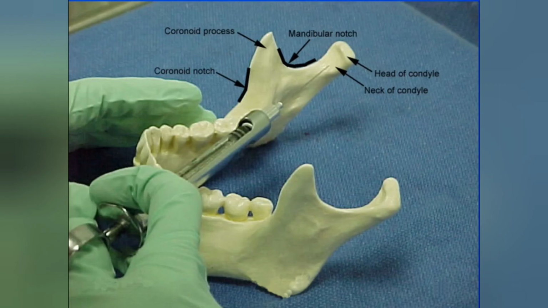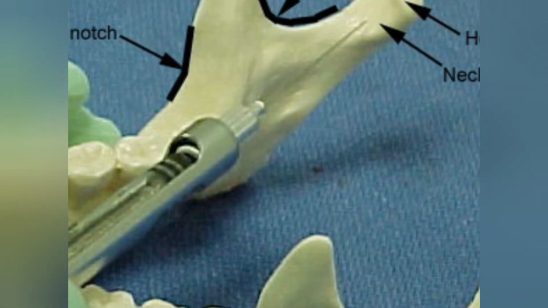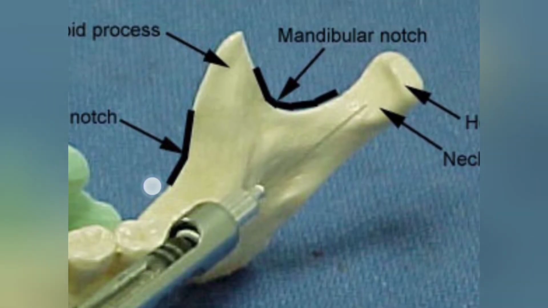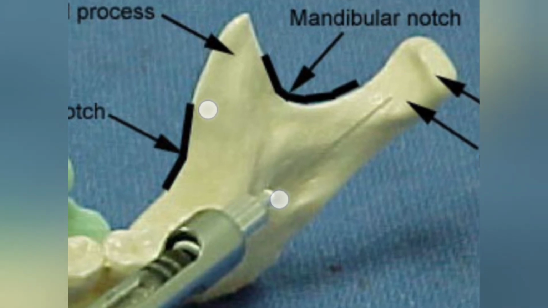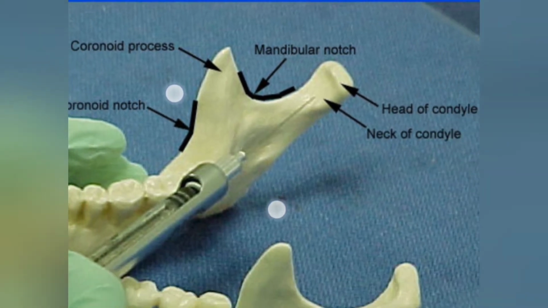Now you can see in this picture the target area, neck of the condyle. This is the technique of giving Gow-Gates mandibular nerve block. So you can see the target area is neck of the condyle.